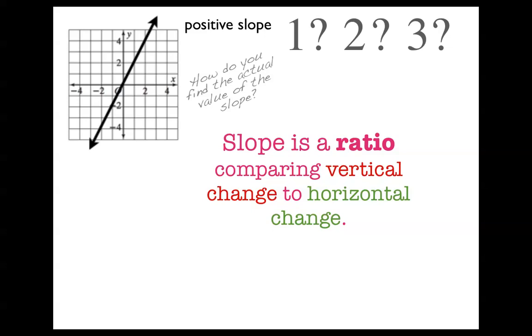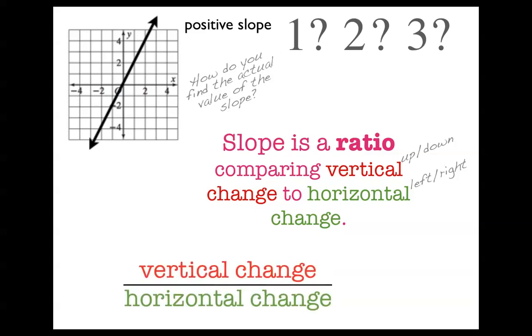Okay, so it's something over something. And what it's going to compare is vertical change to horizontal change, or vertical change over horizontal change in a ratio. So remember that the word vertical means up, down, and the word horizontal means left and right.